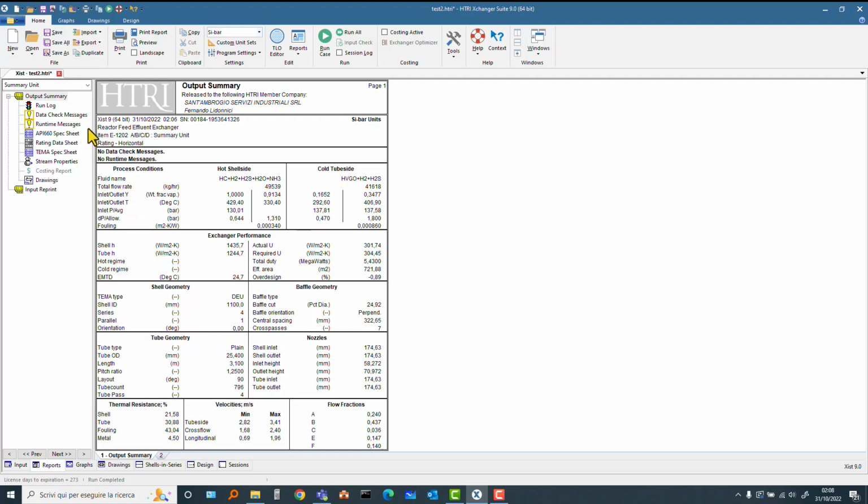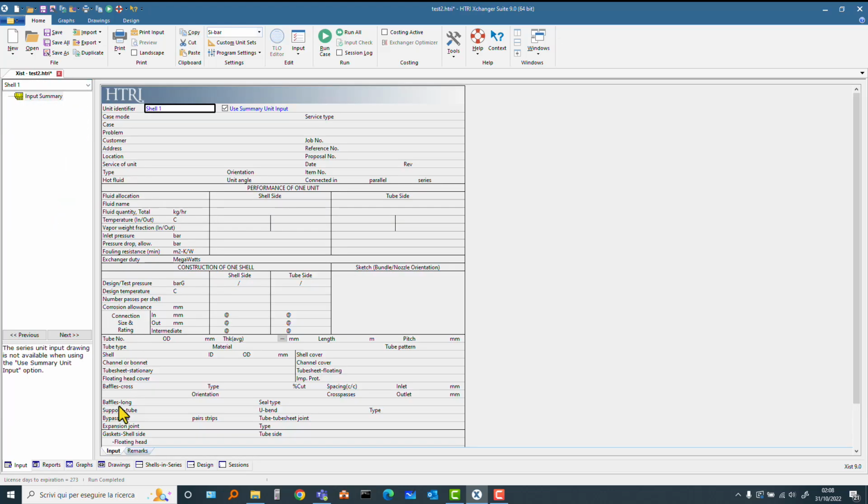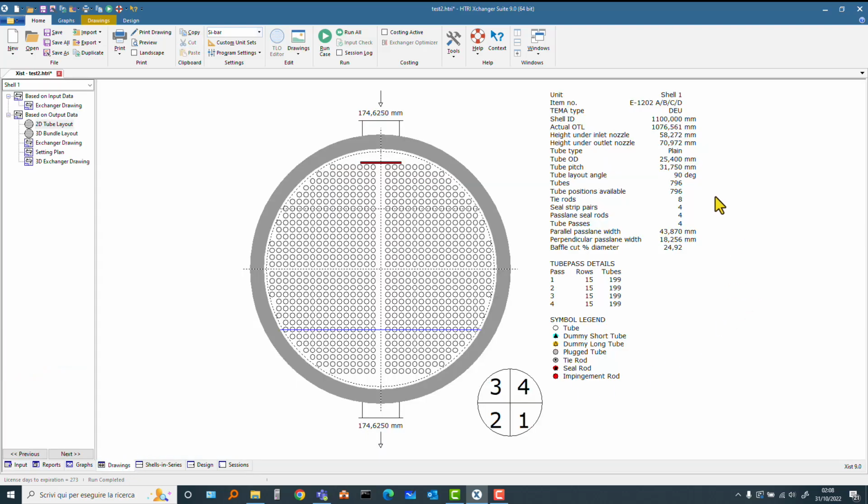So let's check one more thing. The tube layout is really the tube layout that we have seen before. Okay, let's come back to the input. We take, for example, the first shell, and we look at the drawings. Also 796 tubes. This is exactly the tube layout we had seen a few minutes ago.